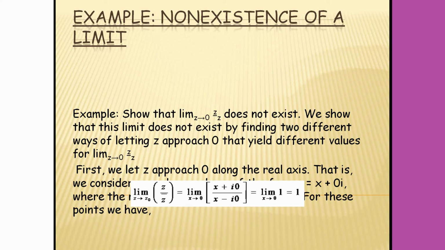What do you mean by z bar? As I have explained, z bar is the complex conjugate. That is, if z is equal to x plus iy, z bar is x minus iy. Now, such a function limit I have taken here. If you take the limit of that as z tends to 0, in the usual manner, I write z as x plus iy divided by x minus iy.